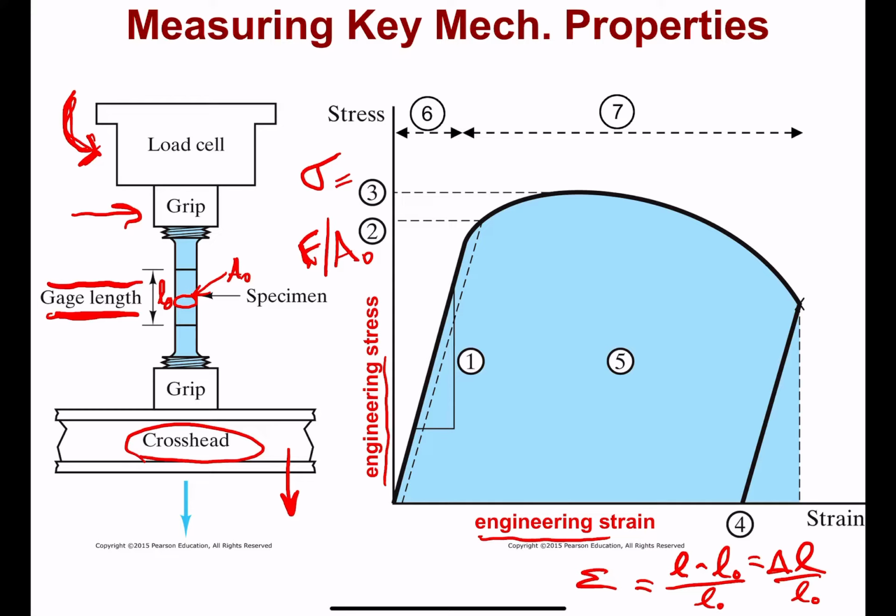But for now, we'll just consider the general stress strain curve as an engineering stress strain curve, where we are relative to the original dimensions of the sample, cross-sectional area A naught and original length L naught, when there was no load applied to the sample.